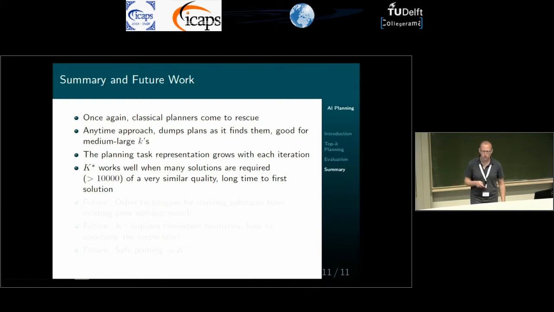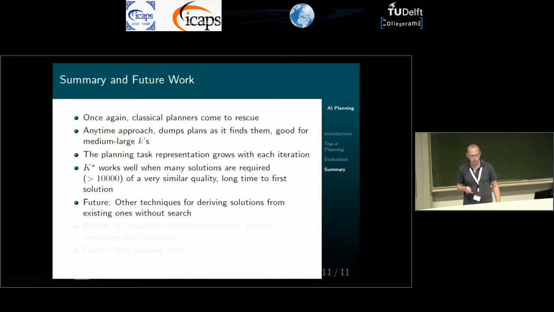In our experiments, almost everywhere, K-star was able to find either all solutions or none. For future work, we would like to look into other techniques for deriving solutions from already found ones without performing search.